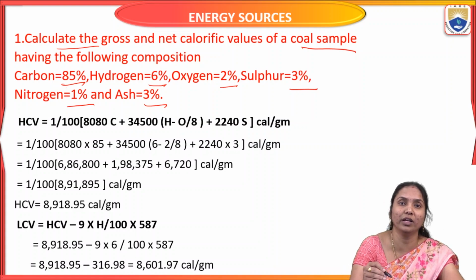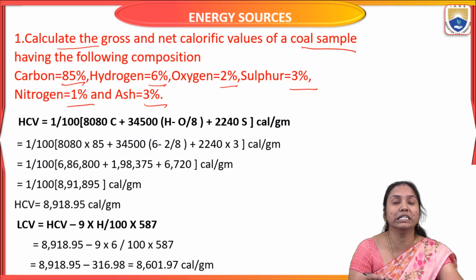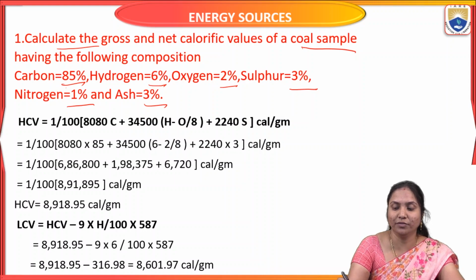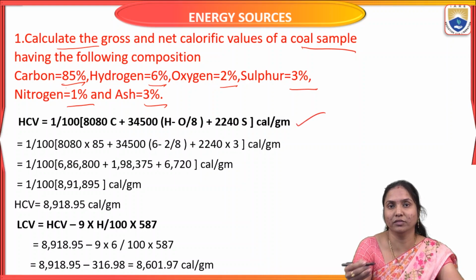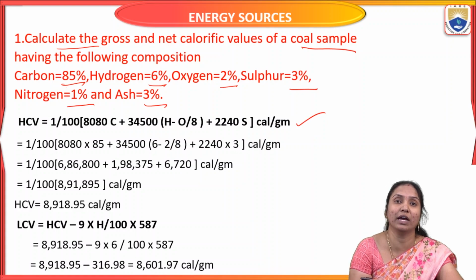These are the elements present in this fuel. Now we can calculate the gross and net calorific values of the coal sample. We use the formula for high calorific value calculation first.